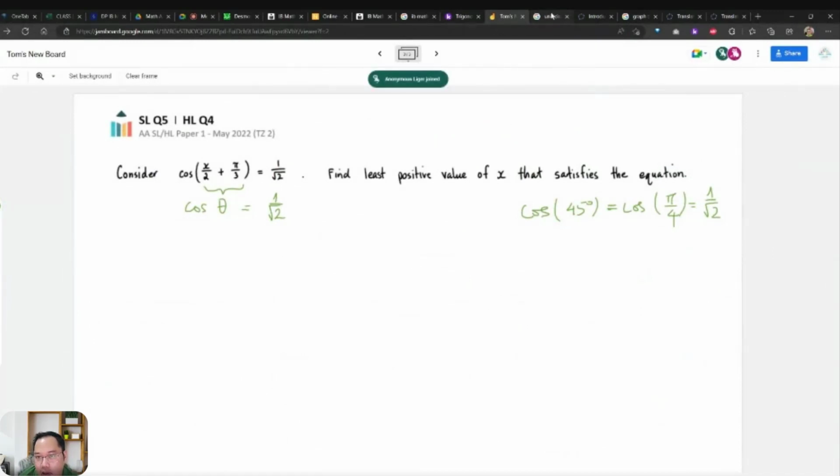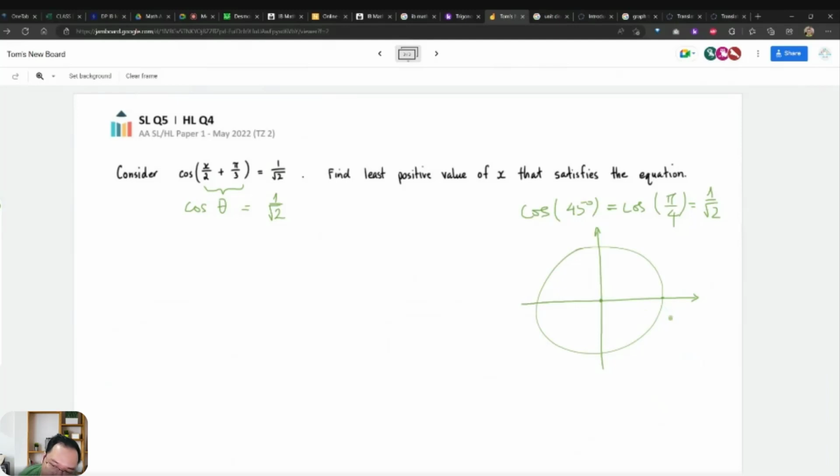And okay, if we use the unit circle, you're allowed to bring a ruler, of course, and a compass to draw the circle. And therefore you can use the manual way, like using 4 or 5 centimeters to represent 1 unit on the unit circle.